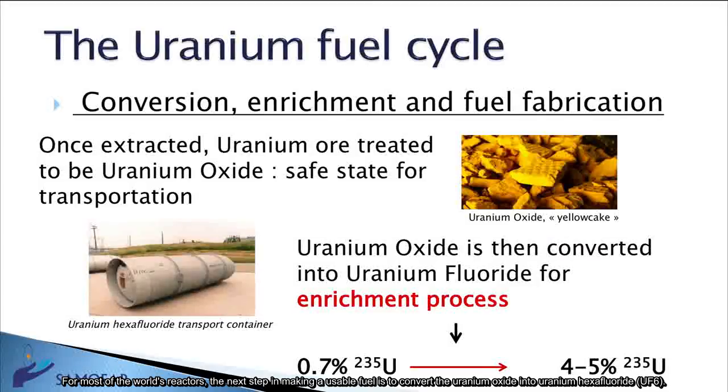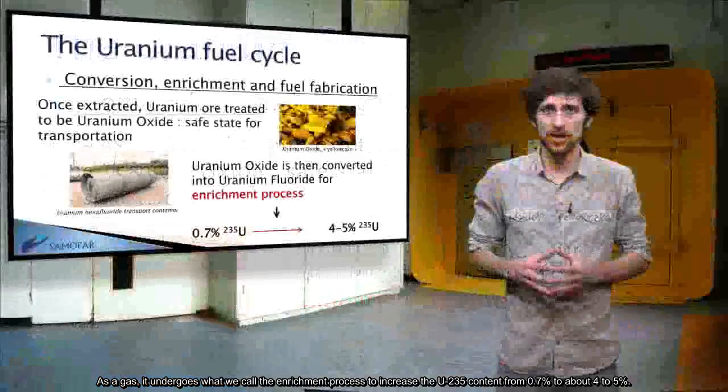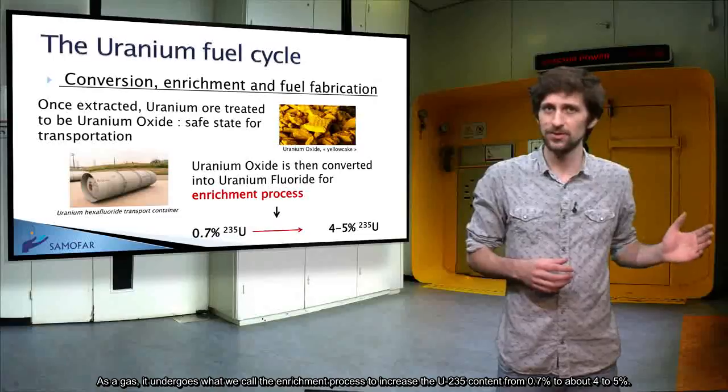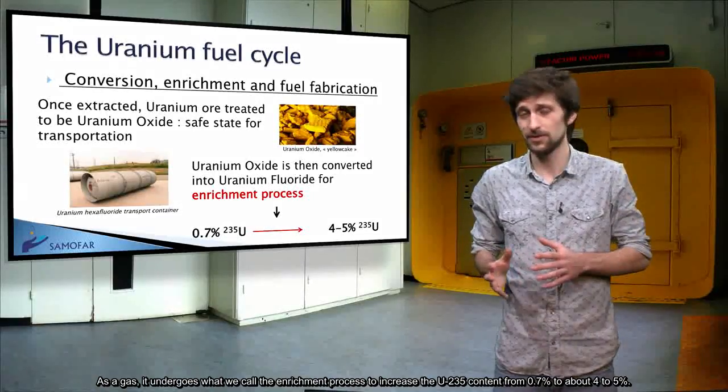For most of the world's reactors, the next step is to convert the uranium oxide into uranium hexafluoride. As a gas, it undergoes what we call the enrichment process to increase the uranium-235 content from 0.7% to about 4 to 5%.